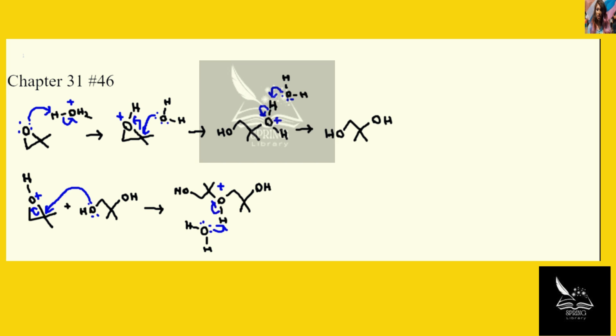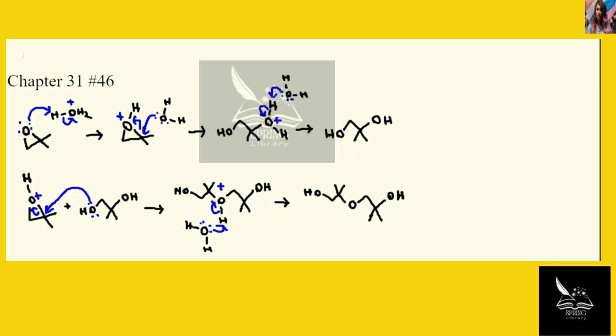Those bond electrons revert to that oxygen, relieving the positive charge. And we get to here. And so we now have basically a dimer of our polymer, two joined monomers.